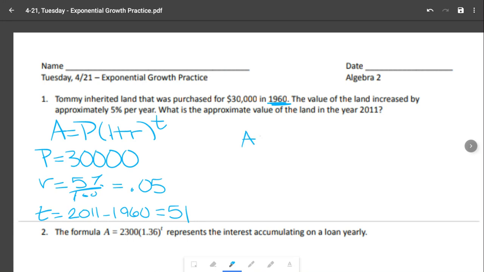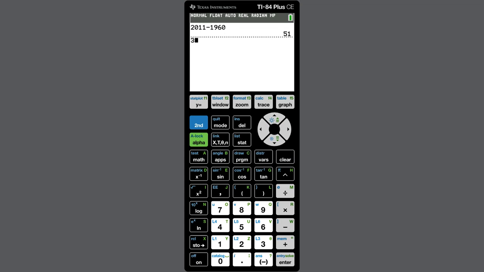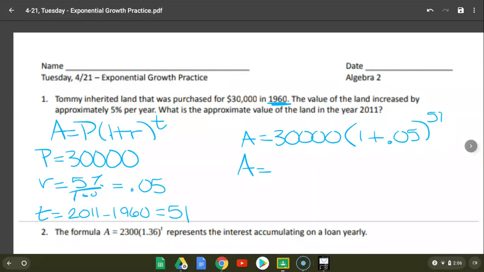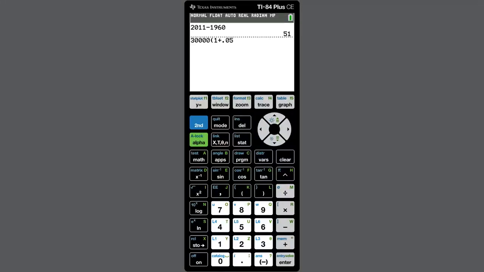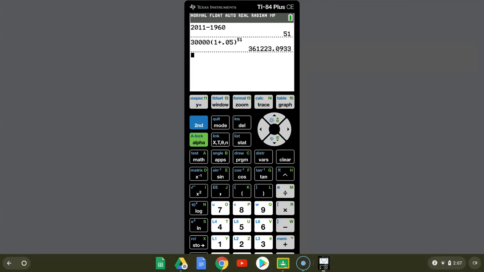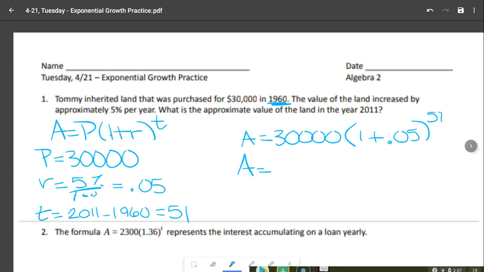So plugging into the formula, you're going to type that whole thing straight into your calculator. 30,000 times 0.05 to the 51st power. And now the question is talking about we're dealing with money, the value of the land.